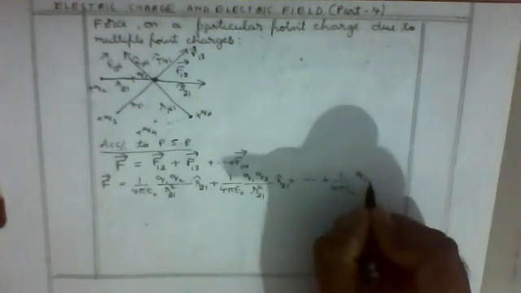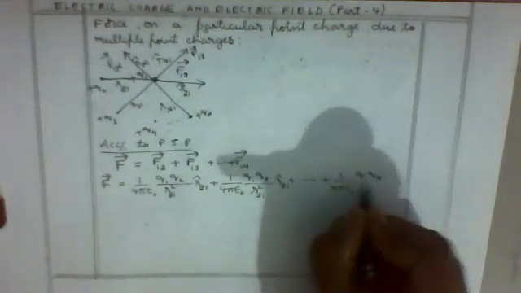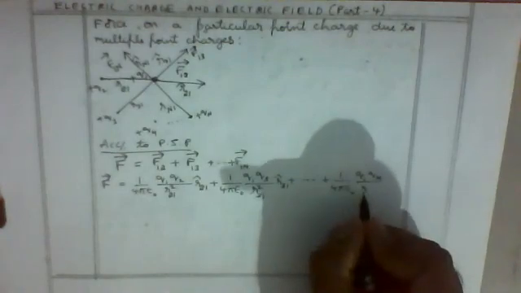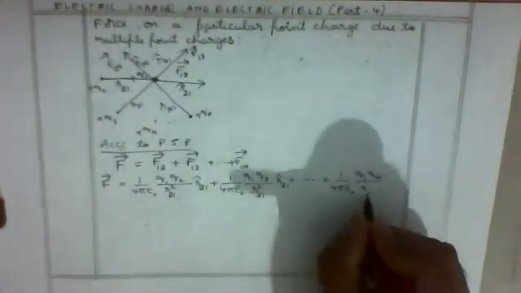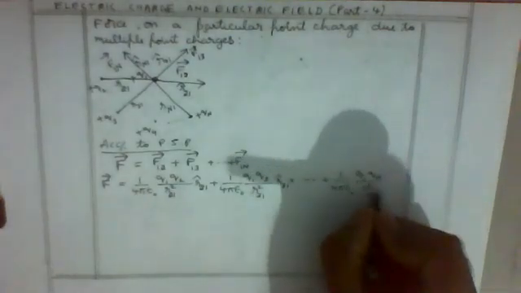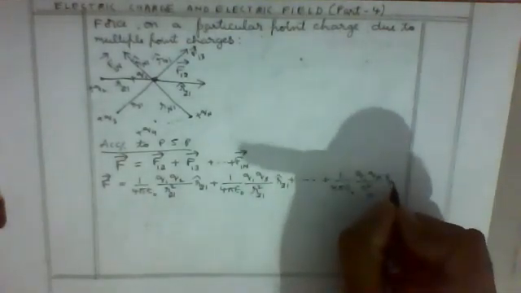F1n vector is Q1 Qn, this is the nth charge, divided by the distance from the nth charge to the particular point charge, that is Rn1 square, into Rn1 cap.